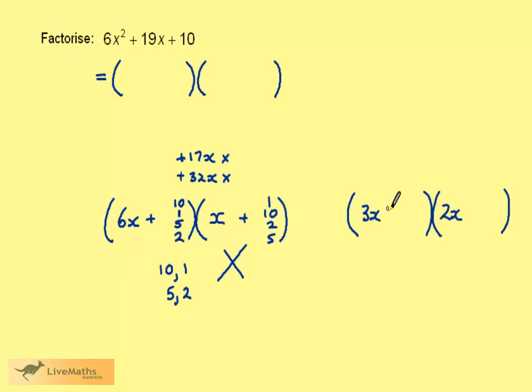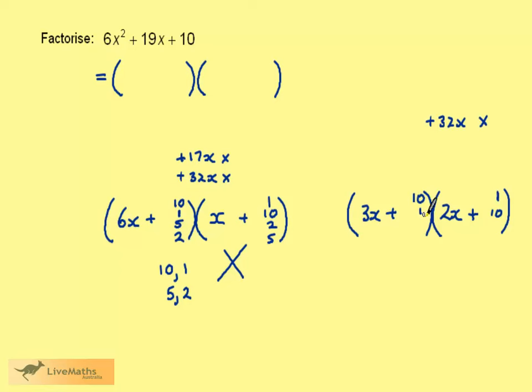Moving across to the other bracket, we need to try all of the same things. 10 and 1, we get 20x plus 3x, which is 23x. Trying 1 and 10, we have 30x plus 2x, which is 32x.